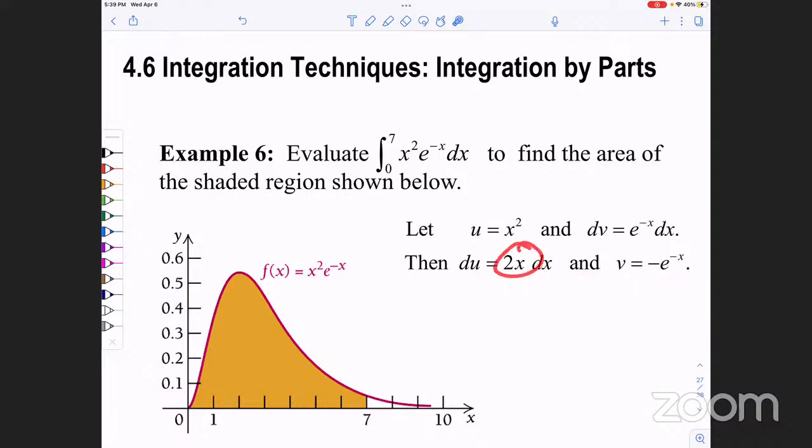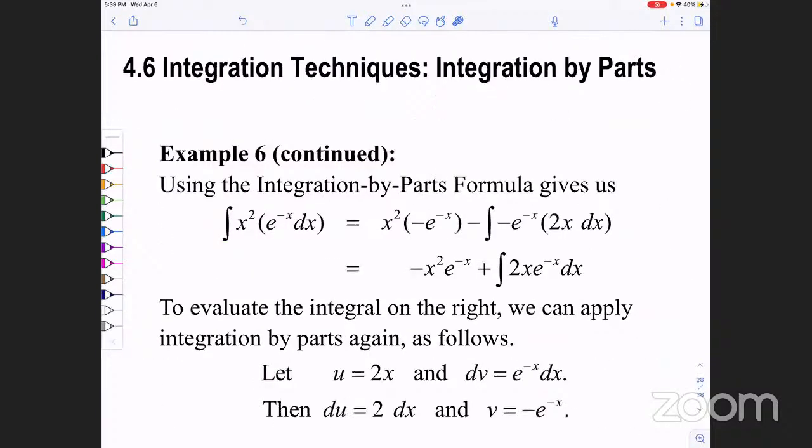And see, you're going to have this term that persists. So here's your uv minus your v du. The 2 you can honestly pull out in front. And so now you got to do integration by parts again. They said let the u be 2x from here. And your dv is kind of the same thing.